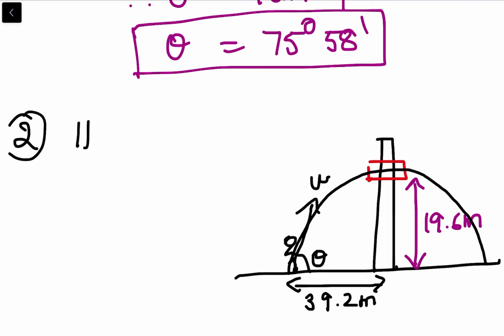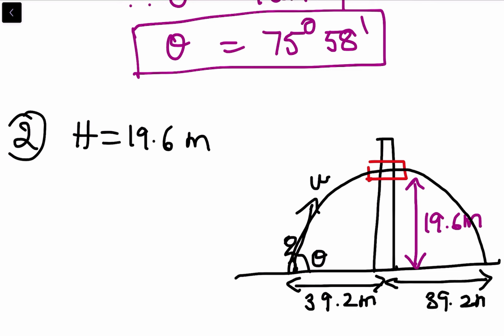So h is equal to 19.6. First you should write the given data. Second thing is range. Range means from here 39.2 and then from here another 39.2 meters.